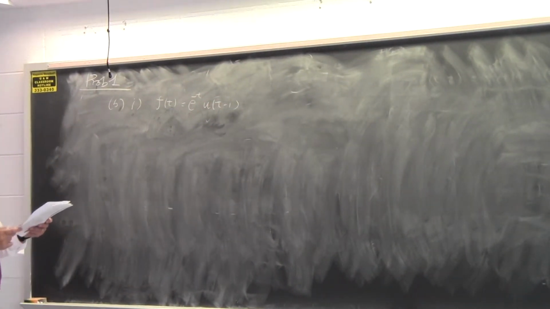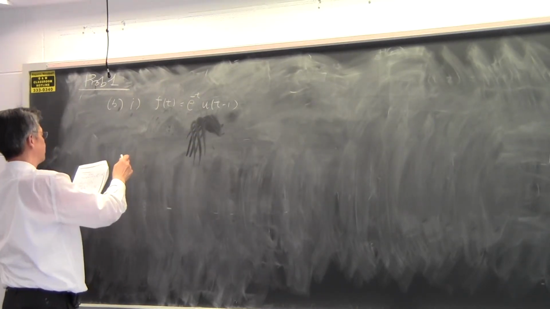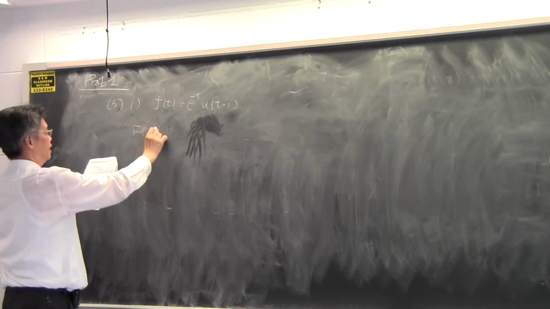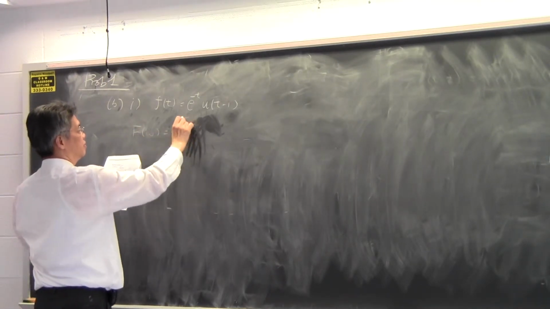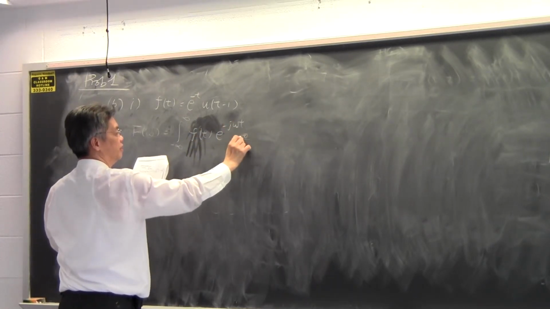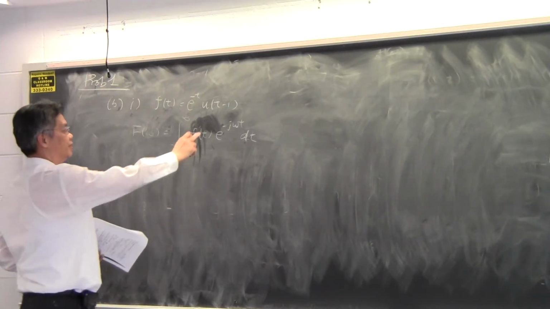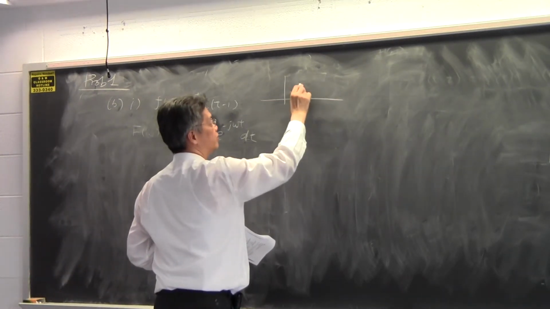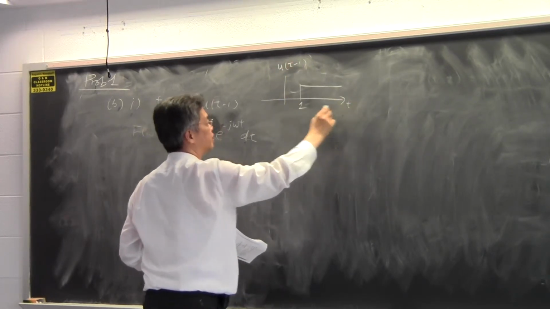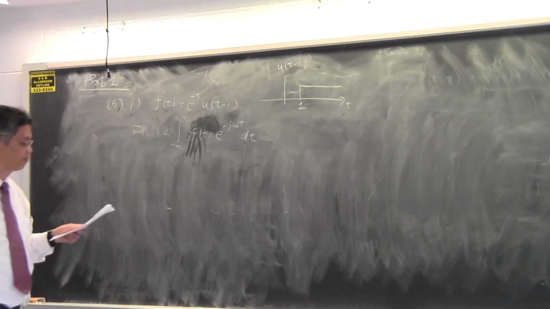Okay, find this Fourier transform. So to find this Fourier transform, you just do the direct integration of f of t e to the minus j omega t dt. Okay? And then you only need to integrate from t equal to 1 because u of t minus 1 looks something like this. This is 1, this is t. So you only need to integrate from 1 to infinity.